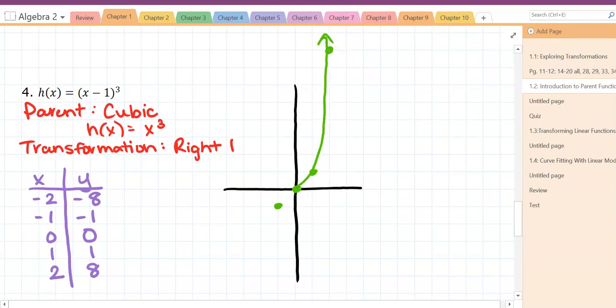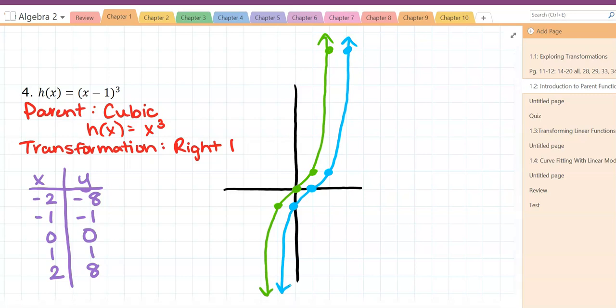So it goes up, and it's going to end up going down on the other side. And then for the transformation, we move all those points to the right one. And I would normally grab the other point, I just don't have room on my screen here. Okay, but they should look like that same kind of, almost like an S-type shape in there. It's just really loosely stretched.